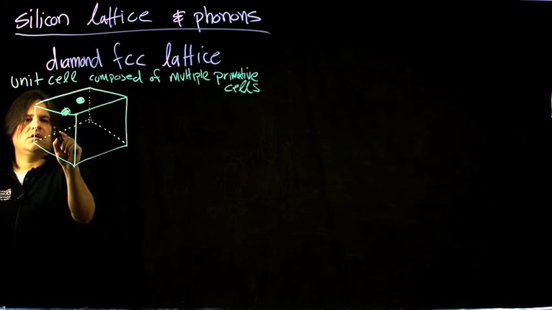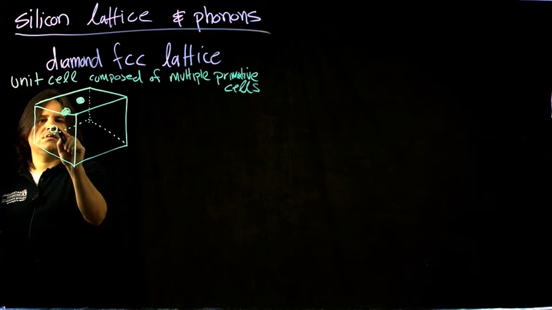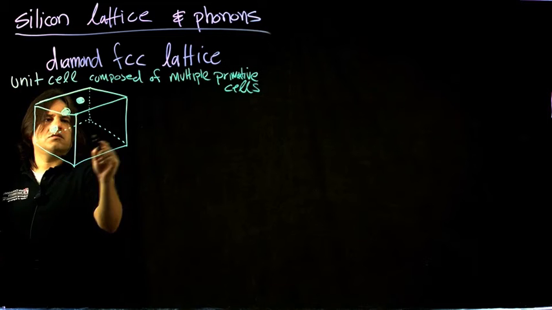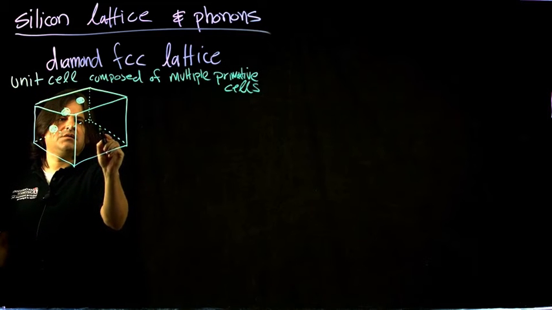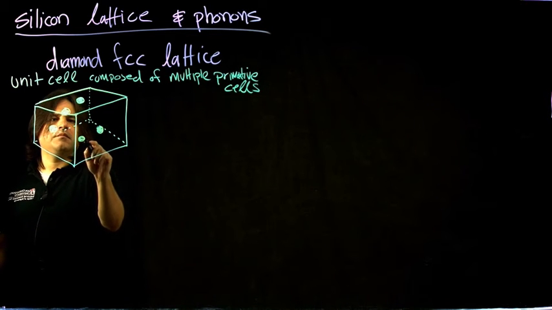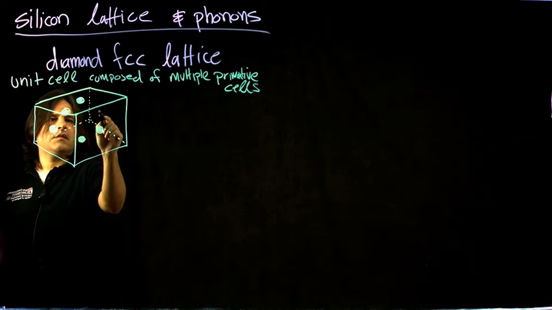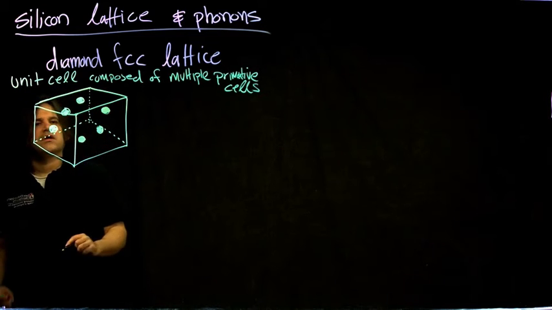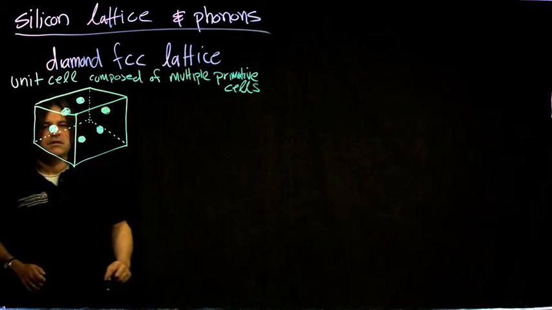There's one silicon on the center of this face, one on the center of this face, and one in the center of this face on the bottom. So the sixth face has a silicon there. Those are the 6 silicons of the faces.